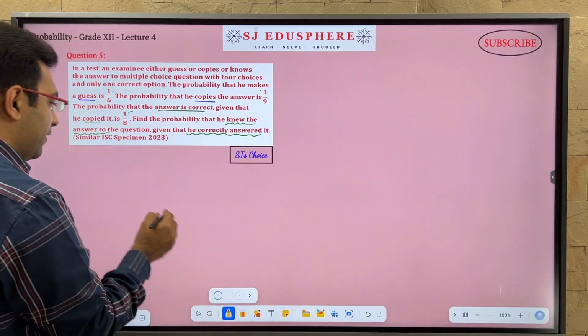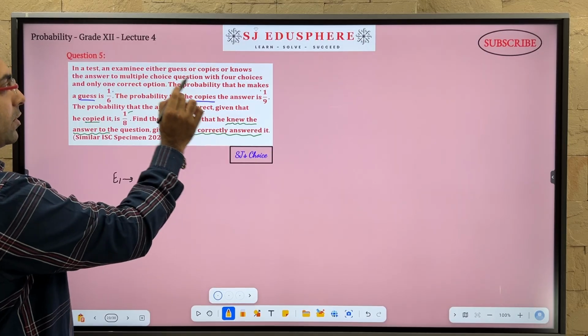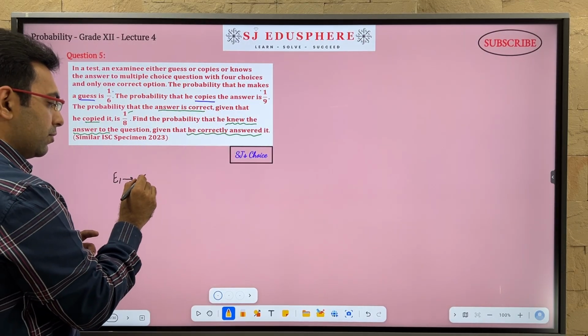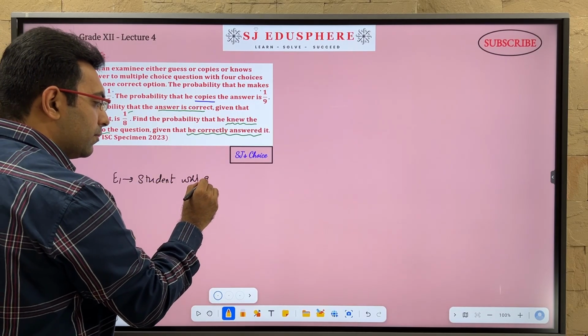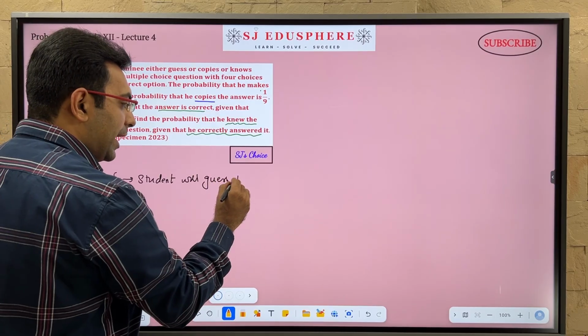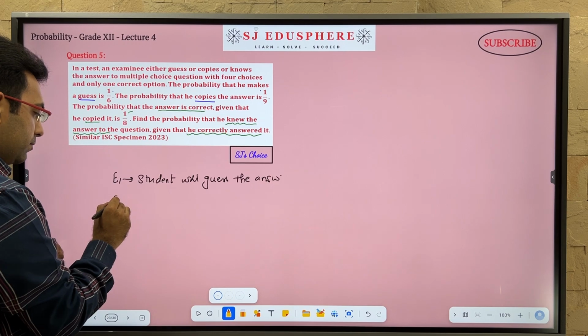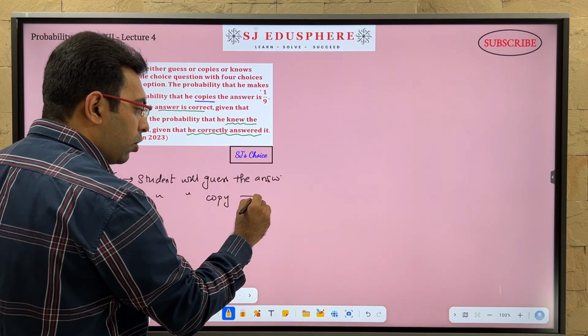So hence I define E1 is an event that I'm going with what the question says: guess, copy, and knows the answer. So E1: student will guess the answer. E2: student will copy the answer.